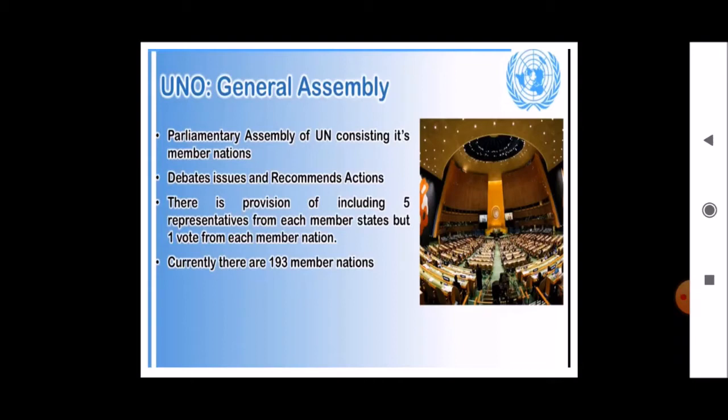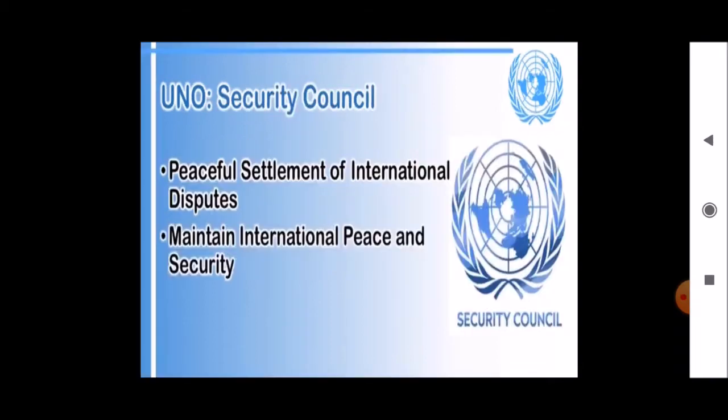The representatives of all the 193 member nations assemble here to discuss issues that need to be addressed. So they assemble here, discuss the issues, and they get help from the UN or they lend a helping hand to other countries. Then the second organ is the Security Council.